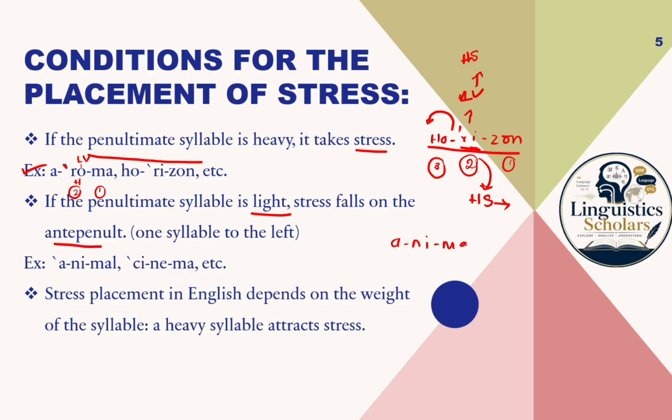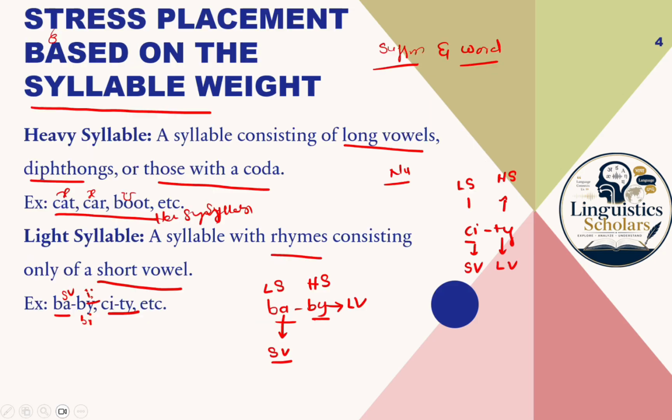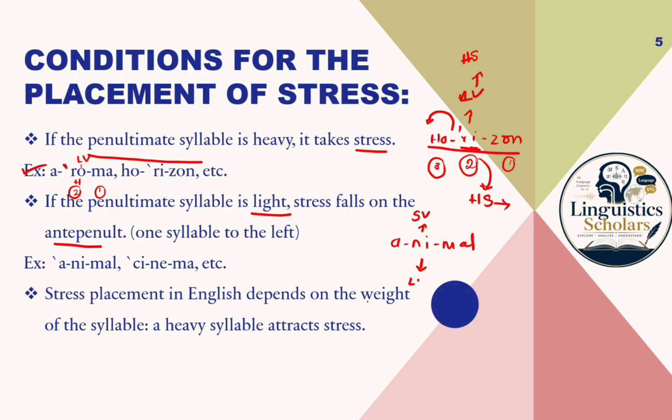In animal, the penultimate is a short vowel, so this syllable is a light syllable. As a result, the stress moves a syllable before it and falls on the first syllable.